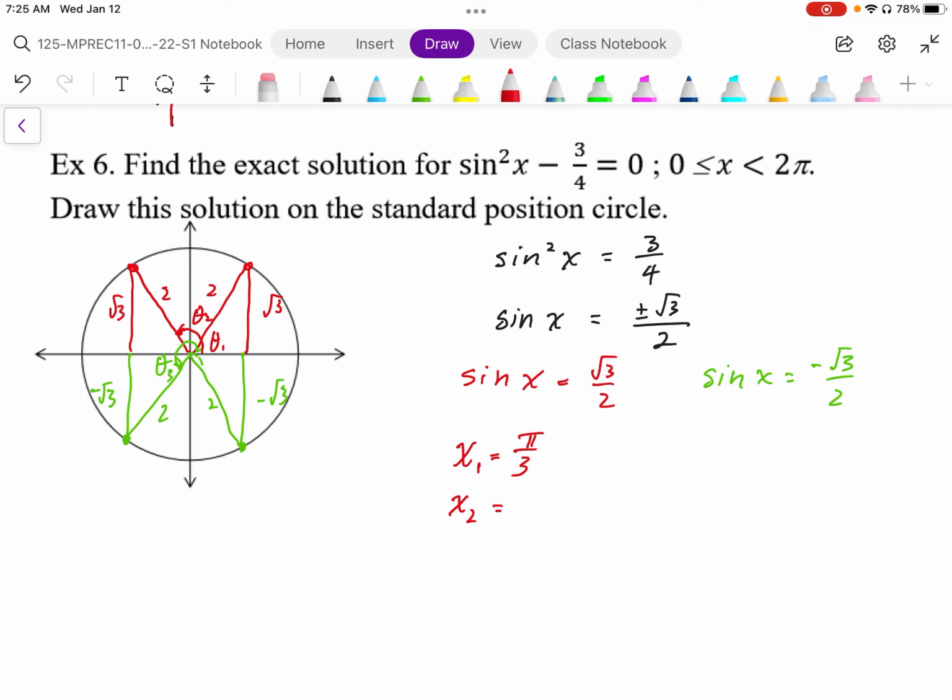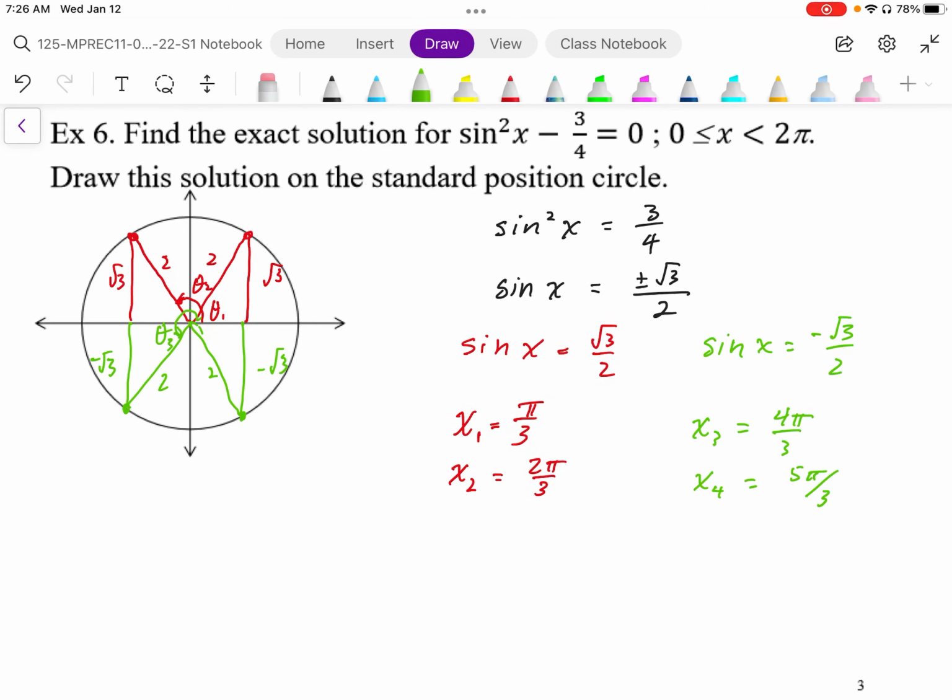For quadrant 2, it's going to be 2 pi over 3. For quadrant 3, it's going to be 240 degrees, or 4 pi over 3. And then quadrant 4 angle is going to be 5 pi over 3. And we can do this without a calculator because root 3 over 2 is a special angle ratio.